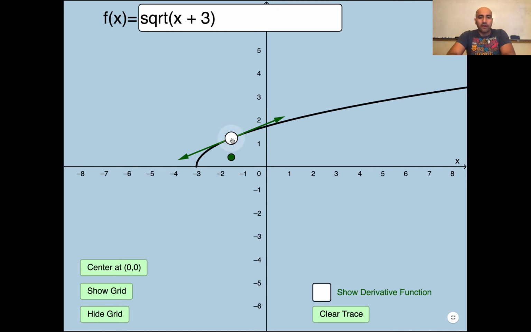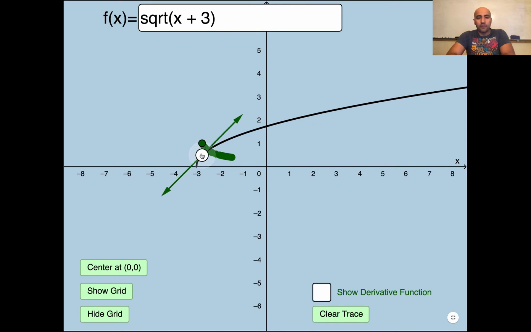Okay, so now if I move it a little bit to the left, what's happening to that slope? That slope is getting bigger and bigger, always positive, right? It's getting steeper and steeper. And so you see what's happening with the value of our derivative. They're getting bigger and bigger in the positive direction. As we go this way, now the angle is much bigger. That's why this little green line is getting bigger.